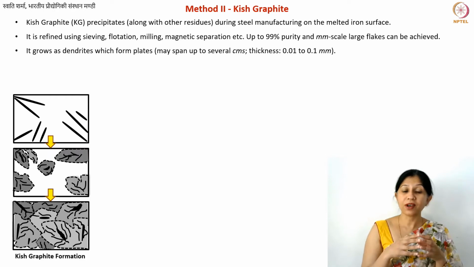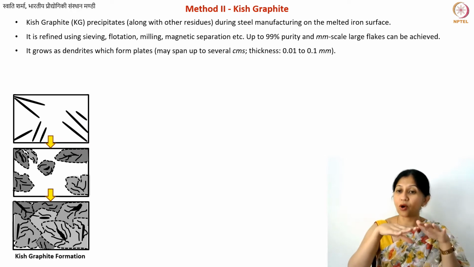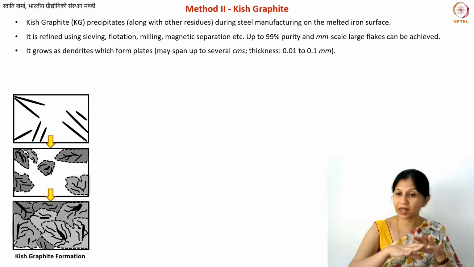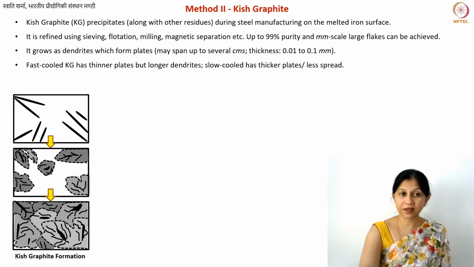So you will have nucleation and then growth of your dendrites, and at some point these dendrites grow so much that they overlap each other, and then you have a complete film. This is similar to any thin film formation: you have nucleation and growth, and then the complete area is covered. This is how the graphite flakes grow on top of the surface of steel.